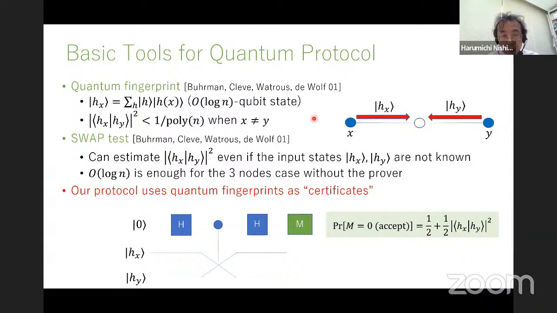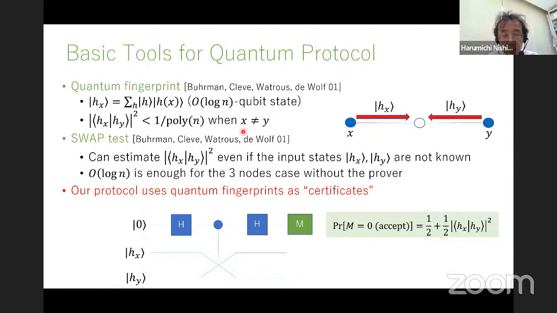Now we recall the important tools from Buhrman, Cleve, Watrous, and de Wolf. First is the quantum fingerprint. This is the superposition of the hash function and hash value. It satisfies the orthogonality of two different fingerprints.